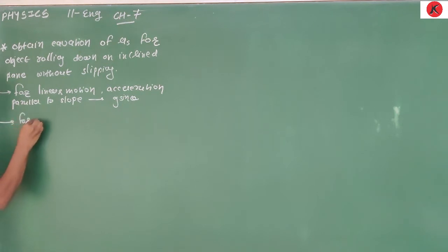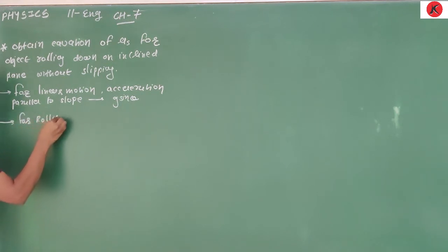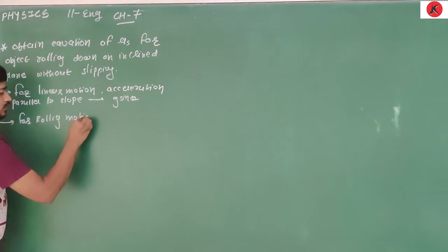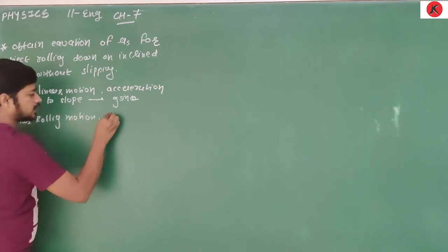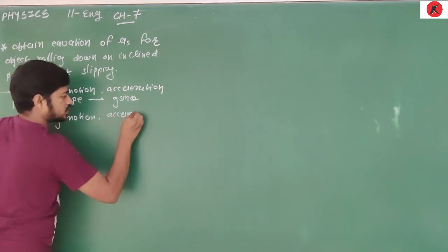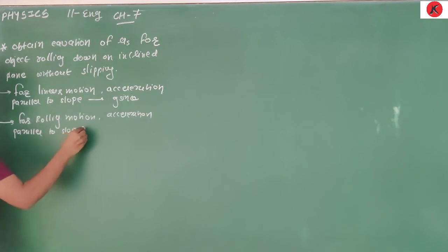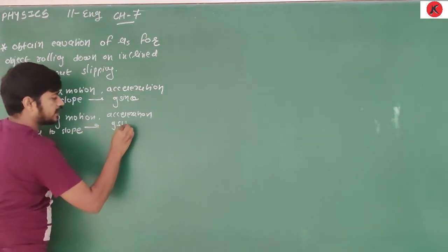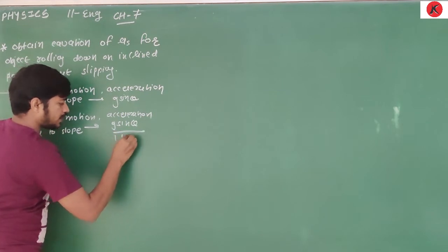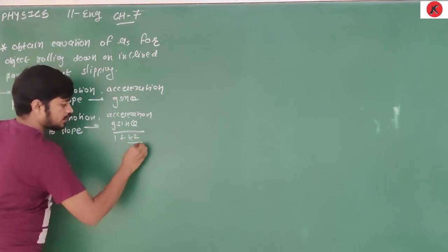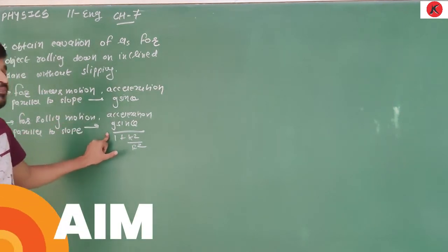And for rolling motion, acceleration parallel to slope is g sin theta upon 1 plus k square upon r square. Yes, we obtained this equation yesterday.